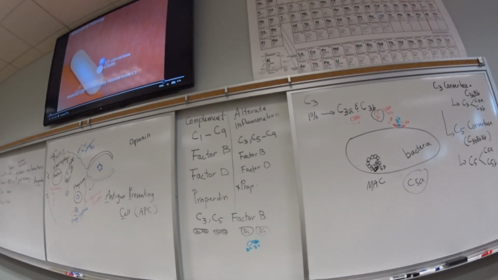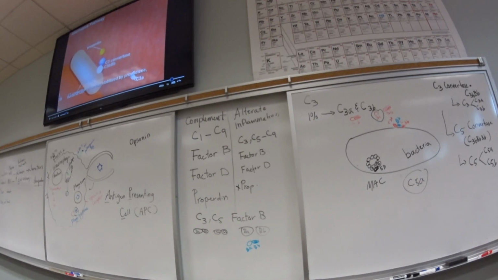All convertases' job, whether it's C3 convertase or C5 convertase, is to split. The C3 convertase splits C3. C5 convertase splits C5. When they are split, that means they are activated. C3 convertase rapidly cleaves more C3 into C3a and C3b.